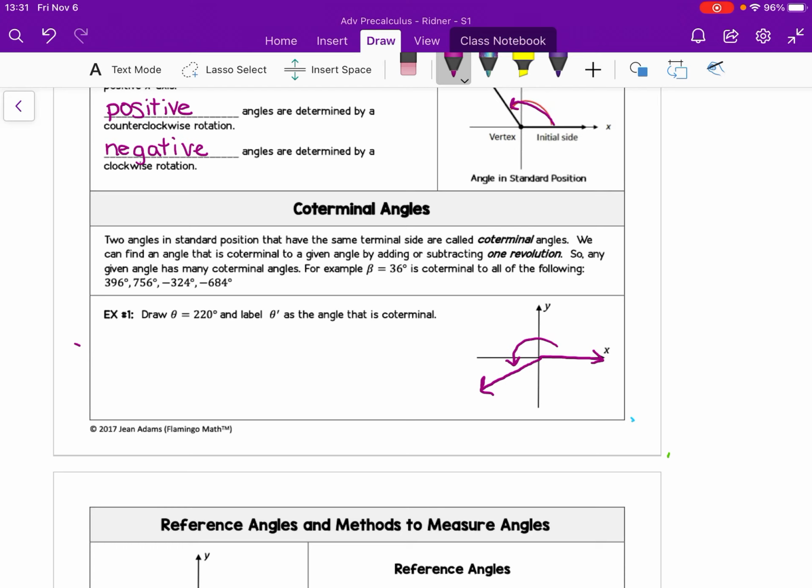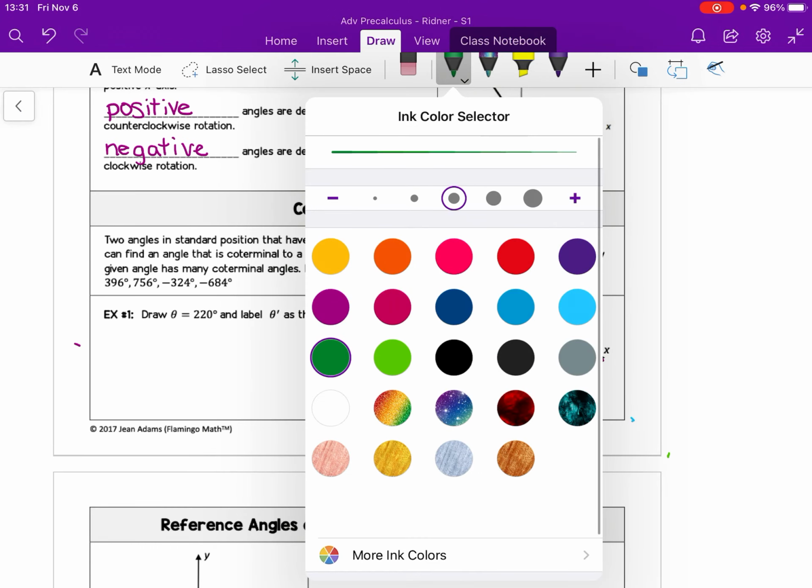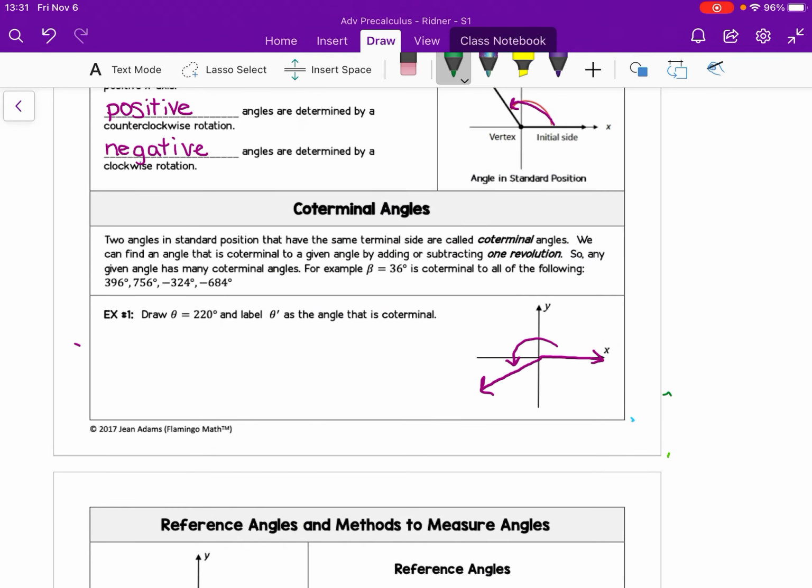Because a full circle is 360. If I wanted the negative angle, I'm going to do 220 minus 360, or I can do 220 plus 360. So those are degrees.